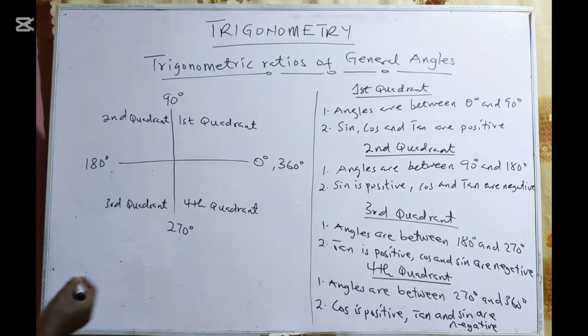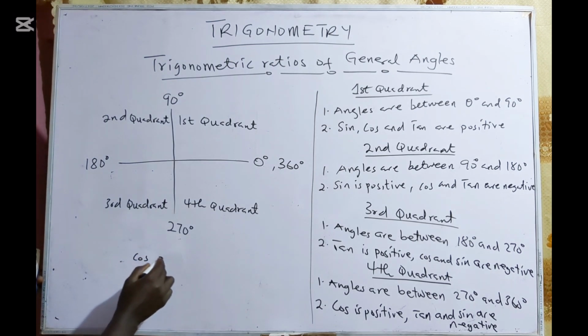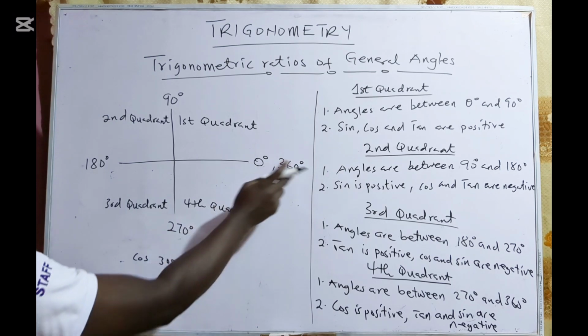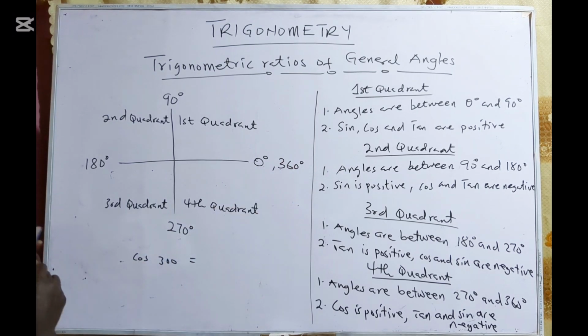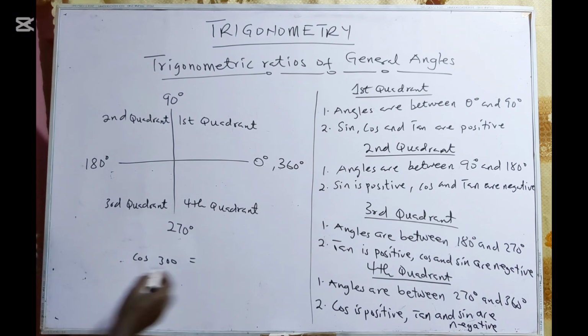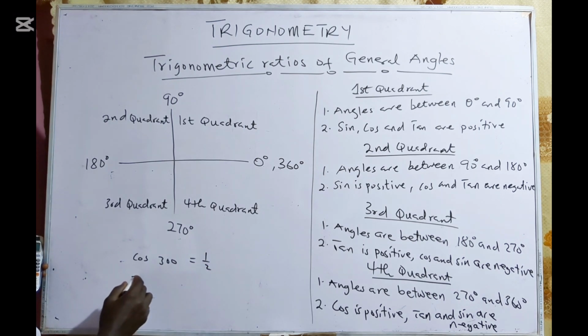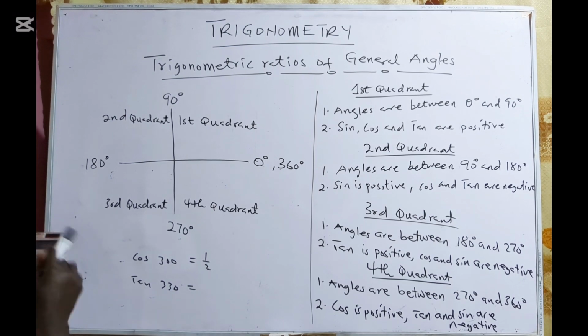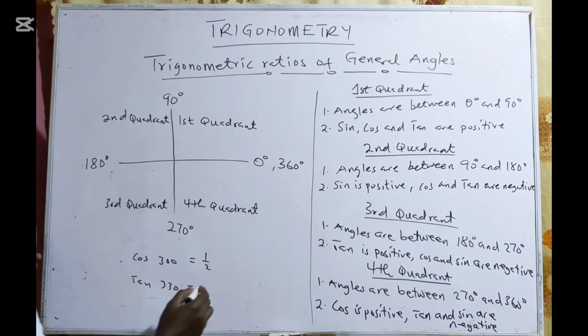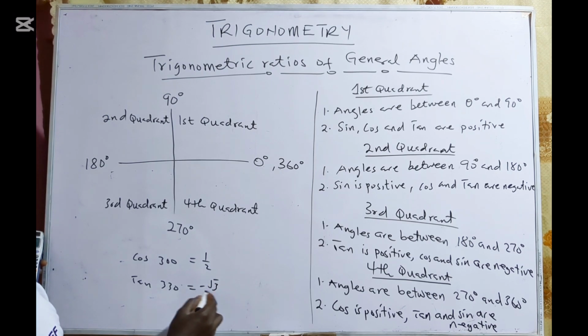So let's assume that I have cos 300 between 270 and 360. And let's see what I'll get. Cos 300 is giving me 1/2 positive. Let's say I have tan 330. Tan 330. I have minus root 3 on 3.